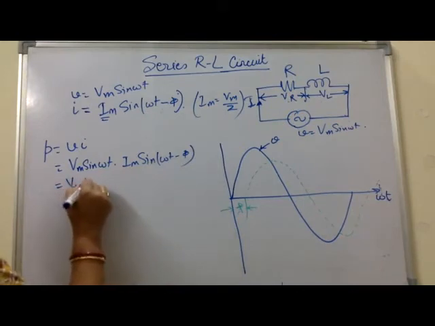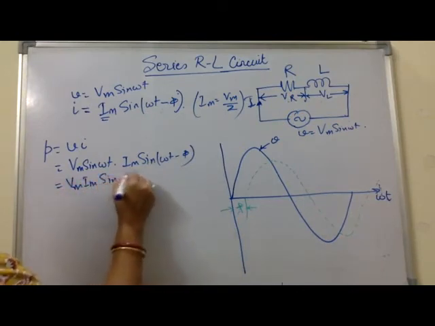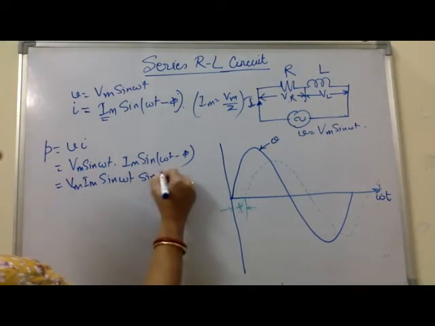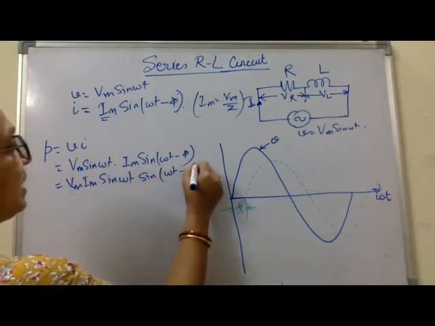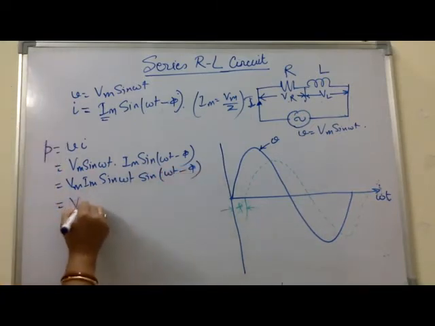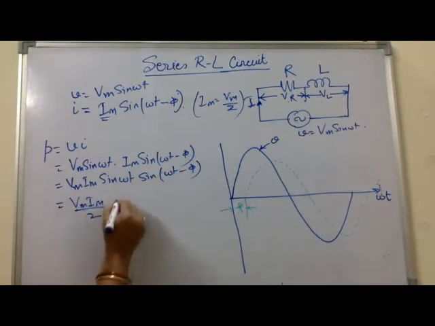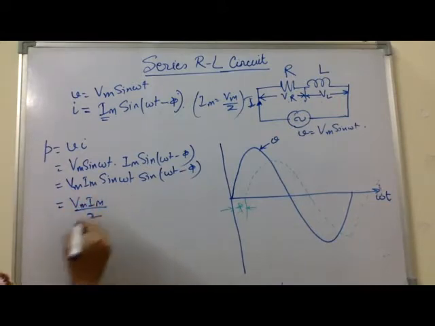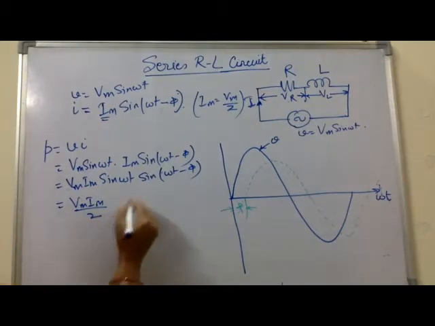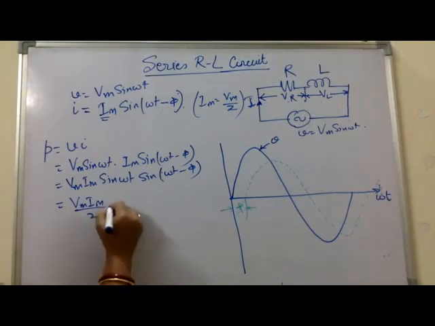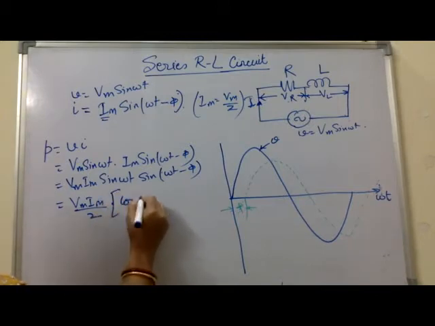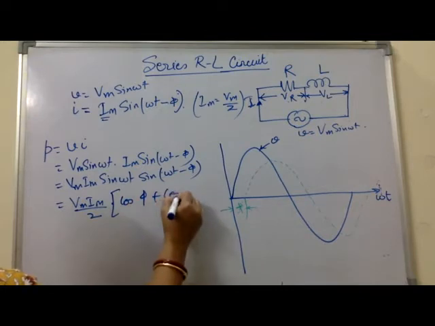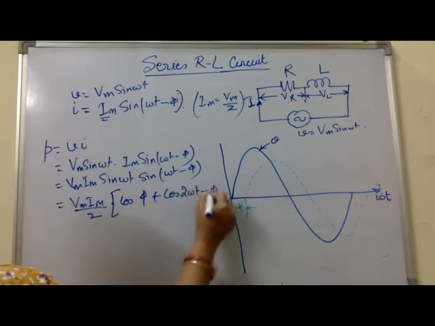Now solve it out. Vm Im sin A into sin B. When you solve this out, this becomes Vm Im by 2 times, in terms of cos, sin A sin B equal to cos A minus B plus cos A plus B. So that comes as cos phi plus cos 2 omega t minus phi.